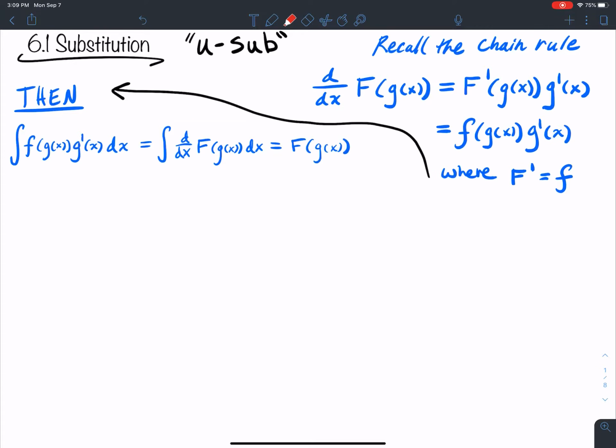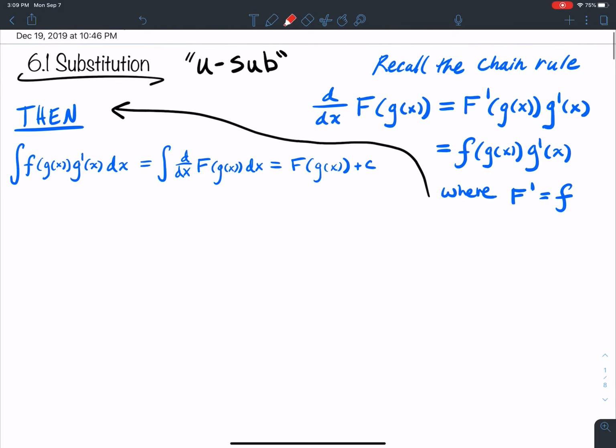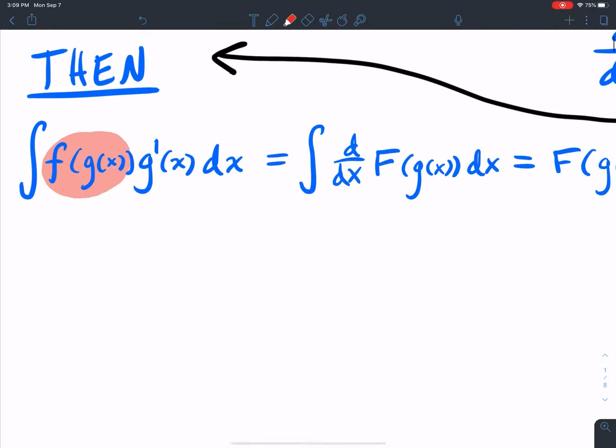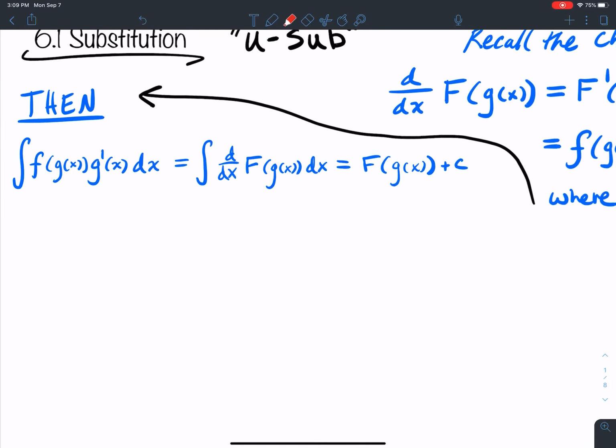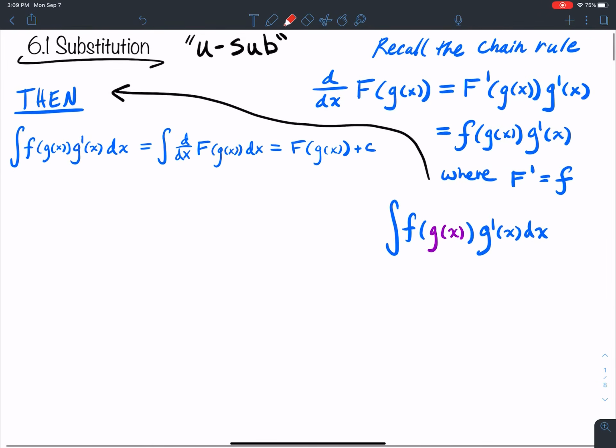And this just equals capital F composed of g of x plus c. Okay? So this is how we integrate a function of this form, where I see a function and then its derivative sitting out to the side, dx.